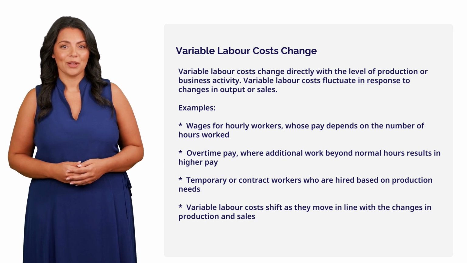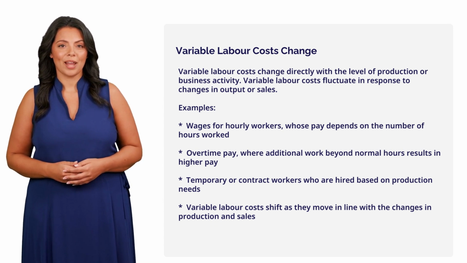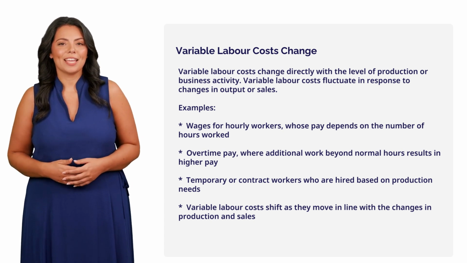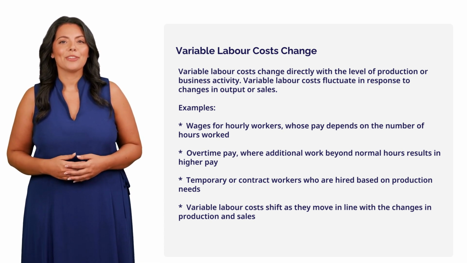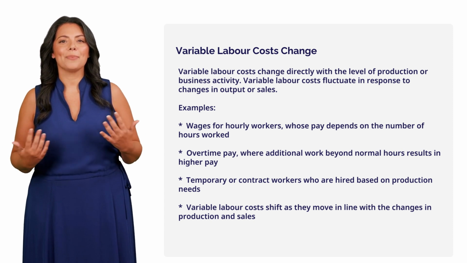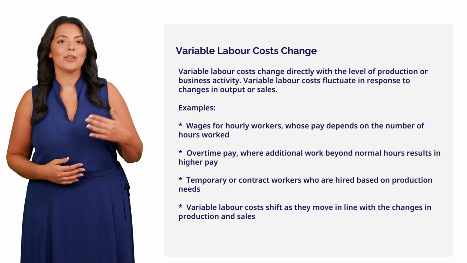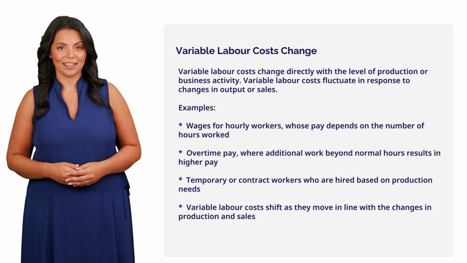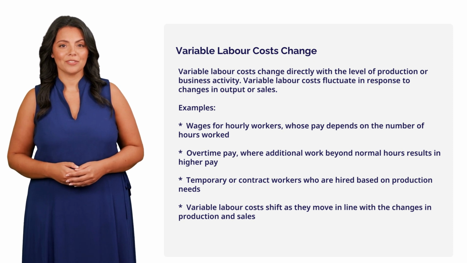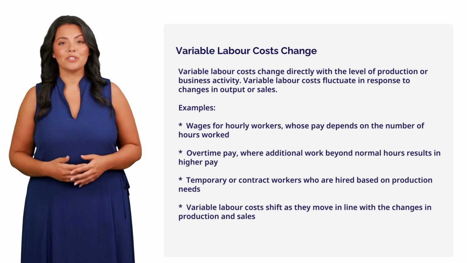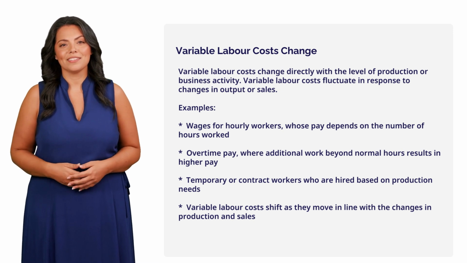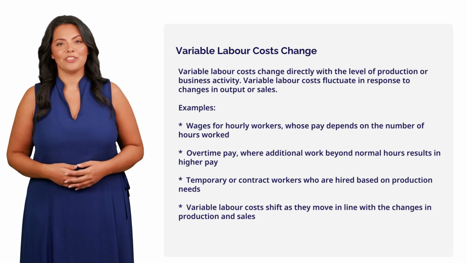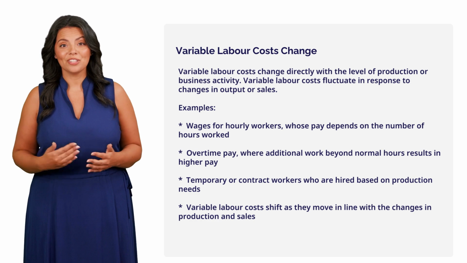Examples of variable labor costs are the wages for hourly workers, whose pay depends on the number of hours worked. They represent the overtime pay, when additional work beyond normal hours results in higher pay. It also accounts for the temporary or contract workers who are hired based on production needs. Variable labor costs shift as they move in line with the changes in production and sales.